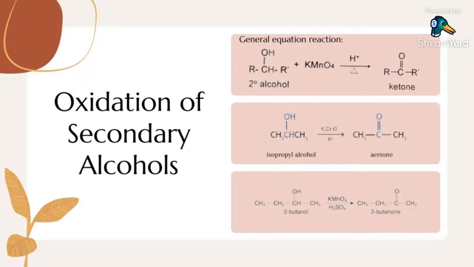Bagi memudahkan student, apabila secondary alcohol bertindak balas dengan strong alcohol iaitu K2Cr2O7H+ ataupun KMNO4H+, akan remove 2 hydrogen dan akan menambah satu atom oksigen di setiap pertambahan hidrogen lah.